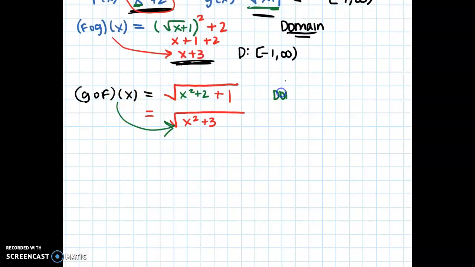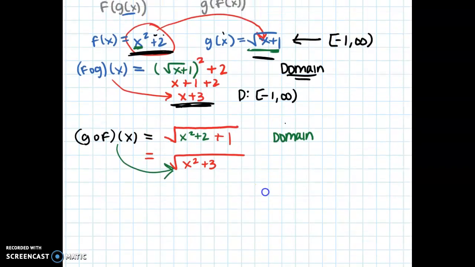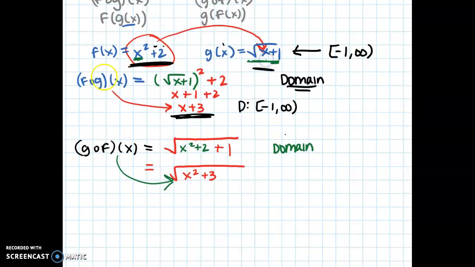Now to think about the domain again. Since I was plugging f of x into g of x, I have to consider the domain of this function here. This function was negative infinity to infinity, so that means that every single x value in the universe, I am allowed to plug in here. If I continue on, I am still allowed to plug in every single x value here. I just need to be aware of the fact that since I now have a radical in my equation, when I didn't when I started with f of x, I might have to restrict my domain.